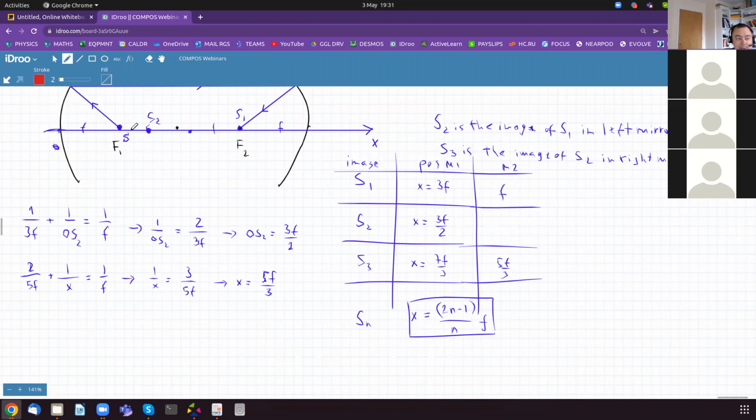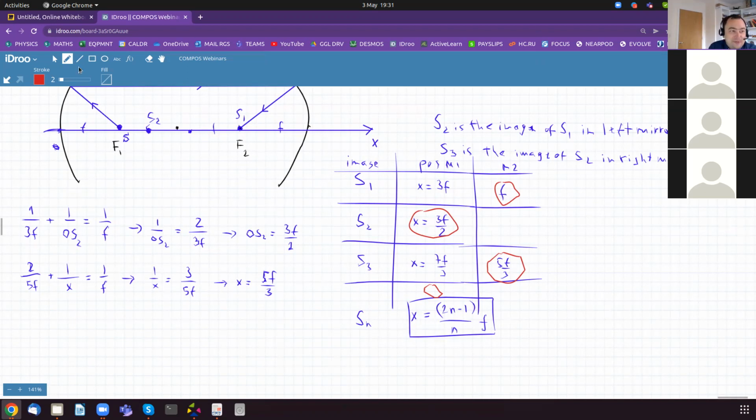So the sequence is this one, this one, this one. The x is alternating distance from each of the two mirrors.